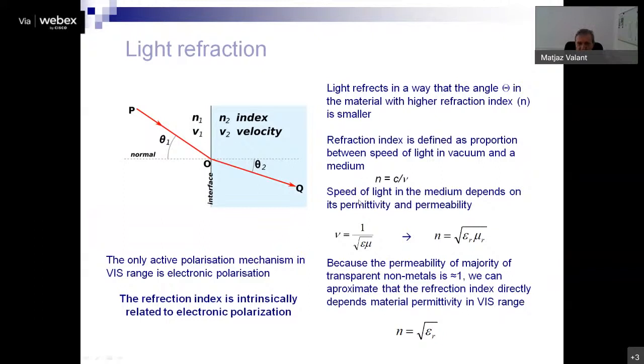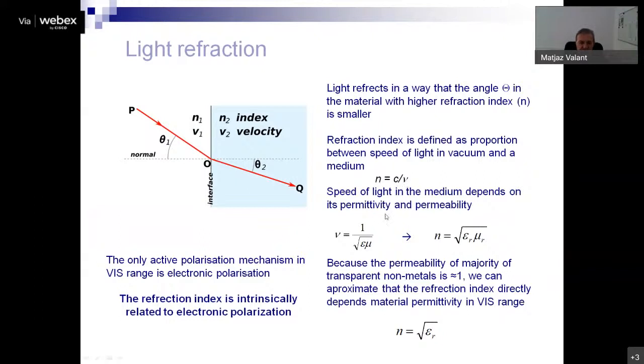So we can also do a little bit of calculation here. The refraction index, therefore, is the quotient of the speed of light in a vacuum and the speed of light in the medium.